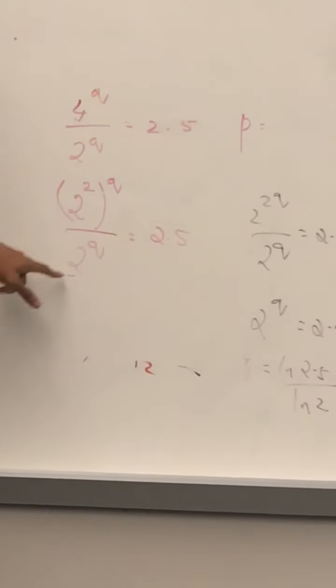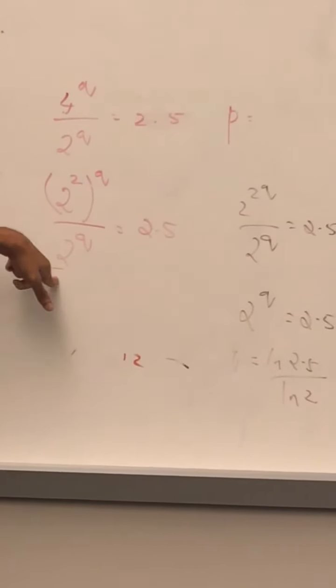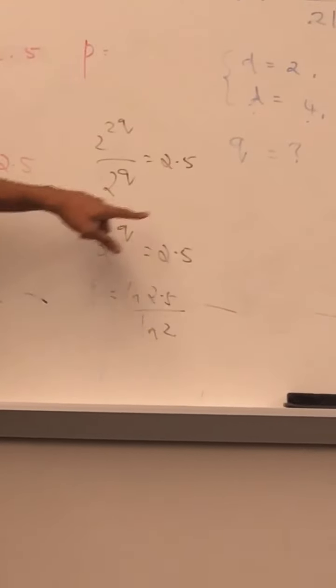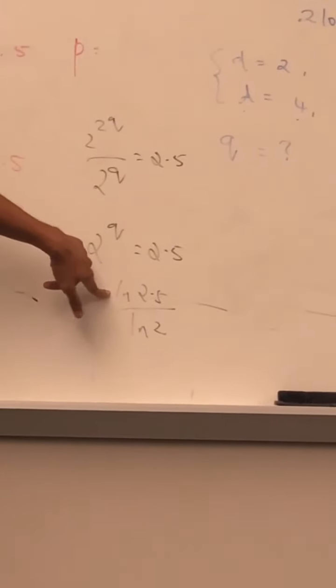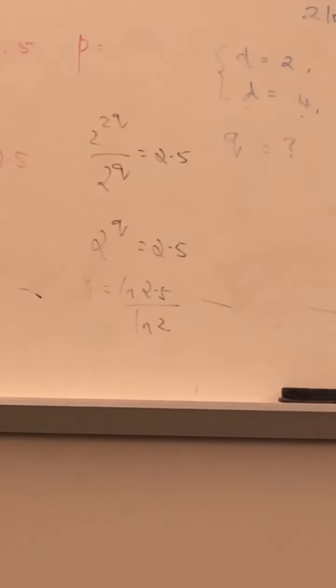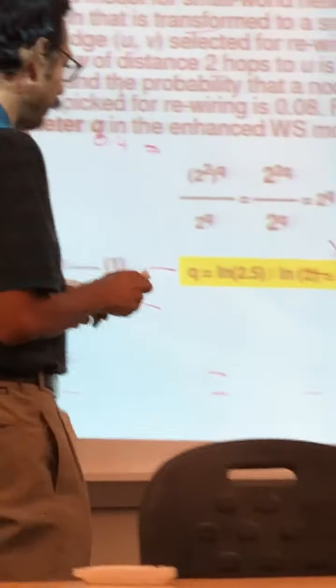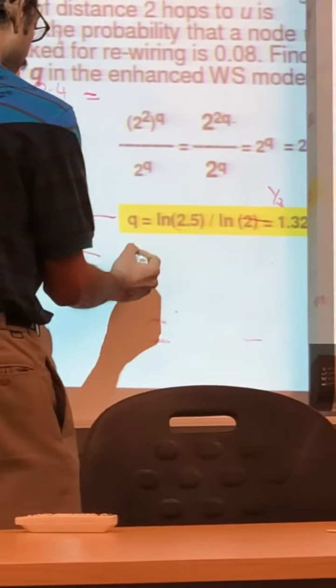So 2 to the power of 2q divided by 2 to the q is 2 to the q itself. That is 2.5, and then q is logarithm of 2.5 divided by log of 2. Okay? So you'll get something like 1.32. You can leave it like that, even though it's supposed to be an integer.